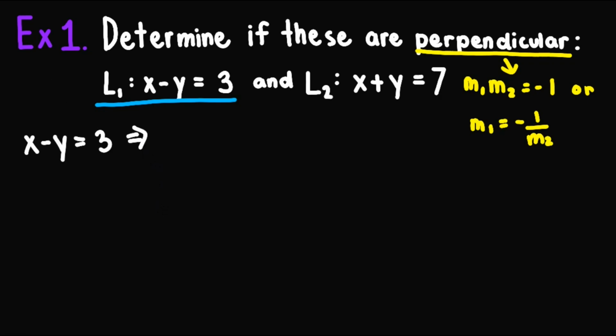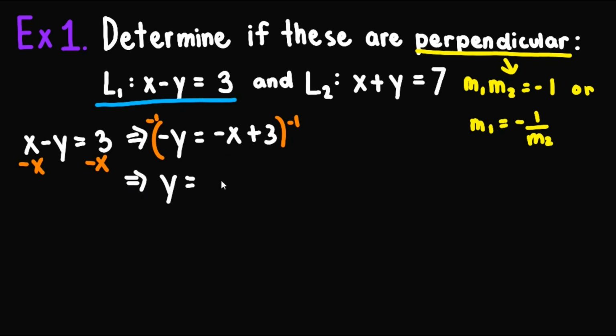Take note that we can subtract x from both sides to obtain negative y equals negative x plus 3. Multiply by negative 1 on both sides, and this gives us y equals x minus 3. So, clearly, the slope out here is 1.